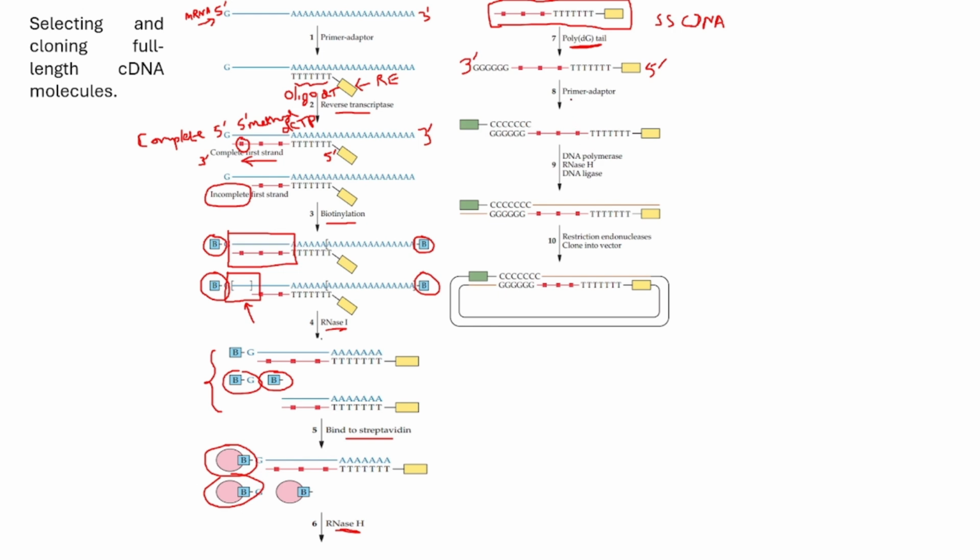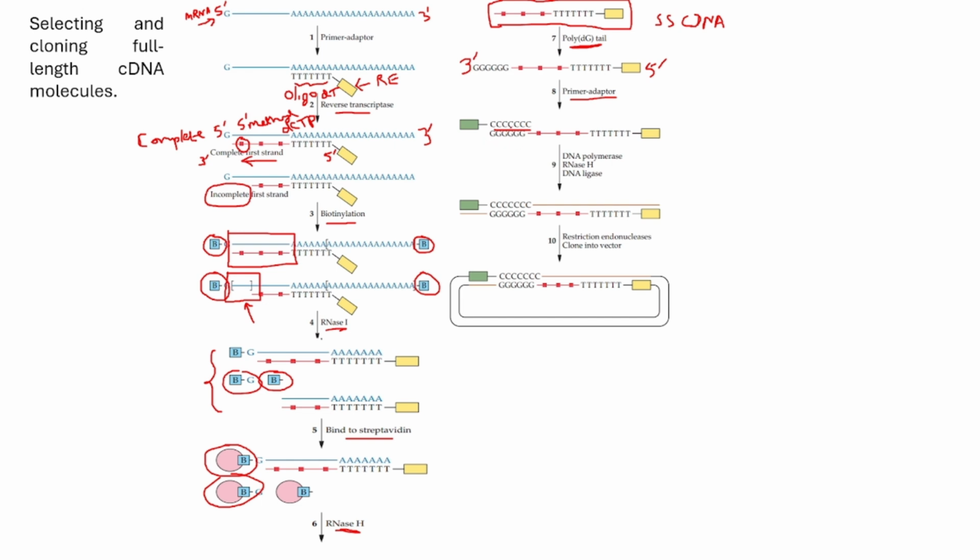and now you use a primer adapter. Primer adapter means, this is a very small stretch of nucleotides. You need primers for PCR, and you need the primers to serve as initial molecules which will get extended, and the strand will get longer, right? So this is the primer adapter, and with it comes some stretch of cytosine molecules.